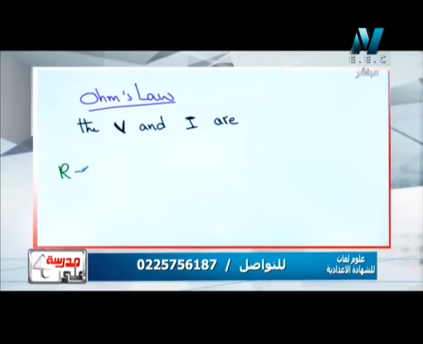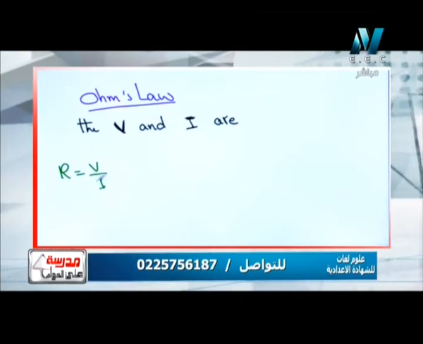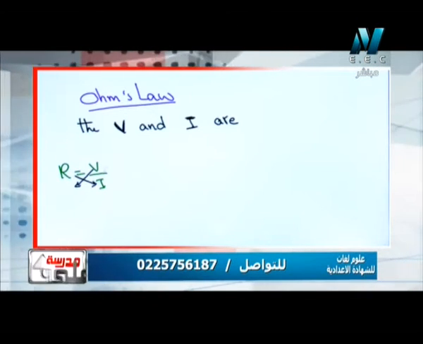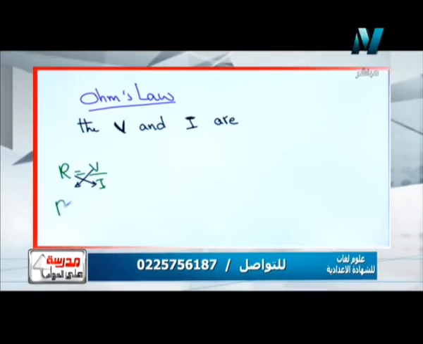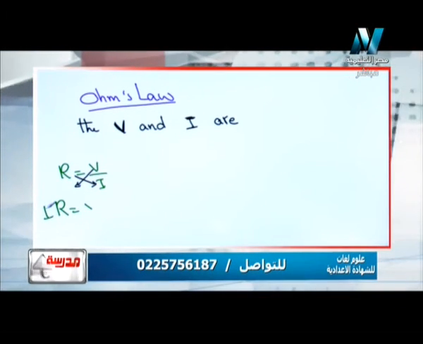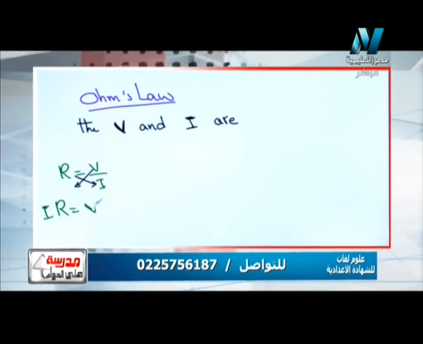Isn't R equal V over I? Yes. So by cross multiplication like that, we now know R times I equals V, right?